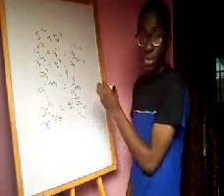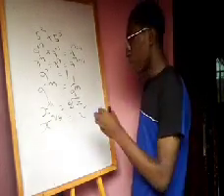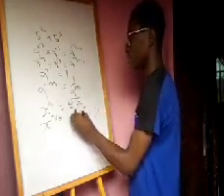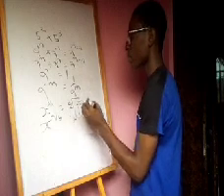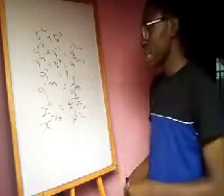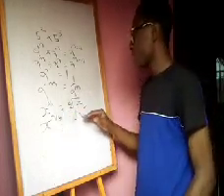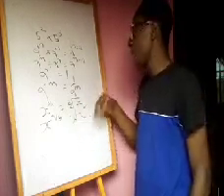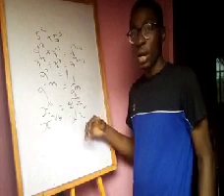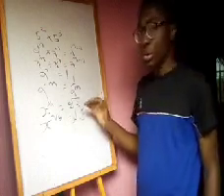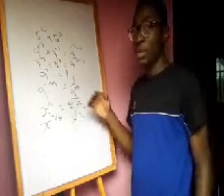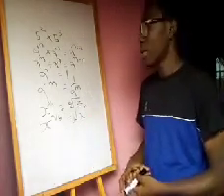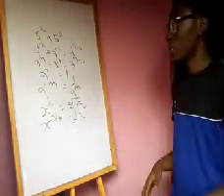Then you look for the b-th root of x. For example, if this is x raised to power 2 over 3, this will be the third root of x raised to power 2. Or rather, you can also say the square of the third root of x. So these are basic laws of indices that you'll be using.